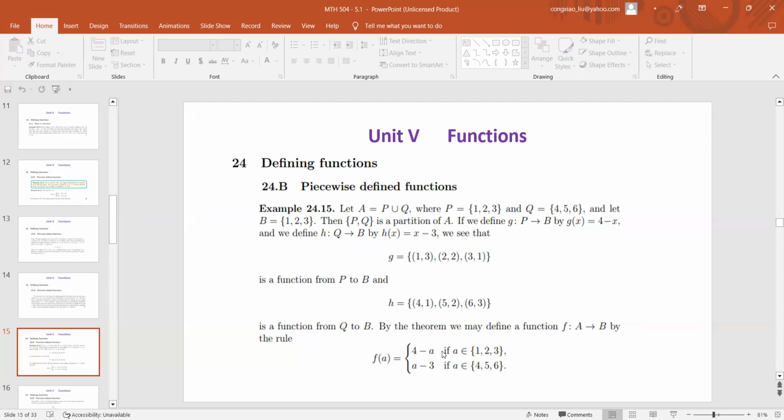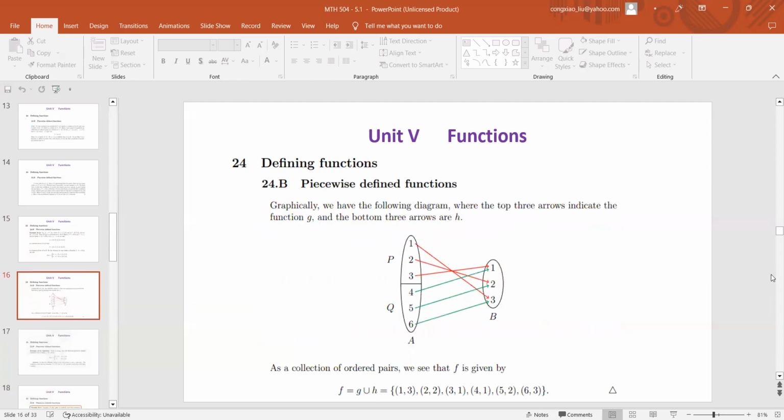We just take some different formulas in different parts of the domain A, right? Anyway, we can represent this function graphically to view it more directly. So this is set A. It has 6 numbers, 1, 2, 3, which is P, and 4, 5, 6, which is Q, and set B only has 3 elements, numbers 1, 2, 3.